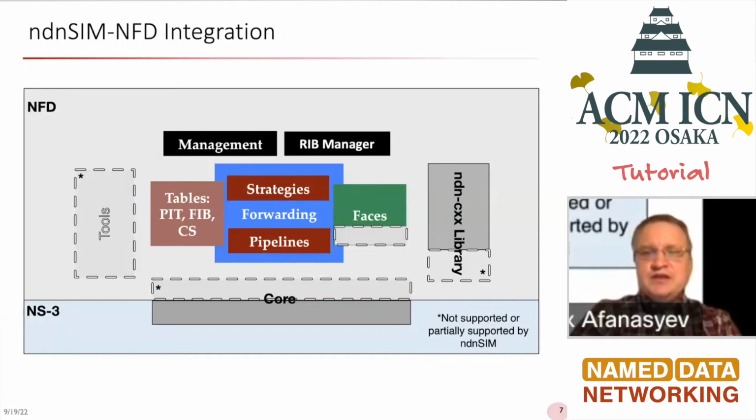And this is just another highlight of which components of NFD are actually ported. Not everything available in NFD is available directly inside the NS3 environment, because some of it applies and some of it doesn't. For example, here the part about faces that is grayed out is IP faces, so TCP, UDP, and other types of faces that are not over direct links.